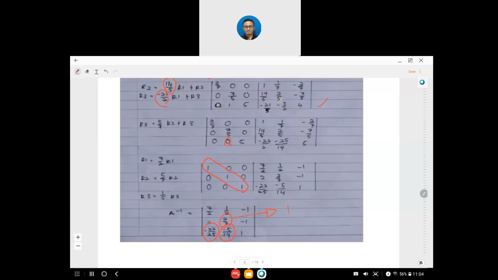Okay, and then this one supposedly negative 1 over 2. Okay, and then this one supposedly negative 5 over 2. Is this correct? Right?